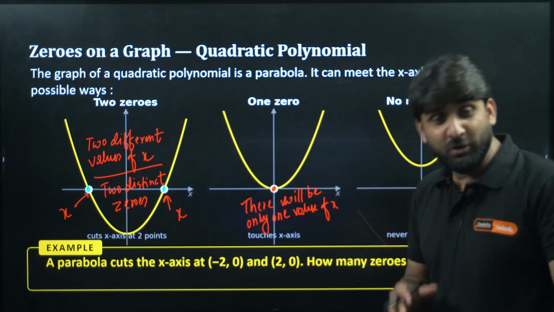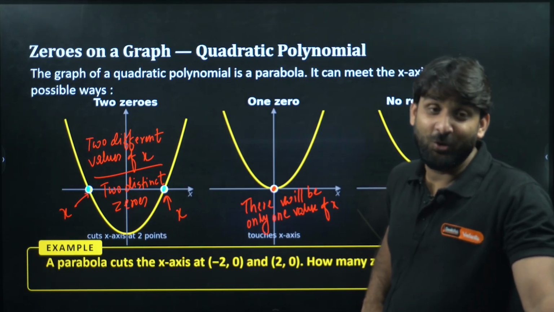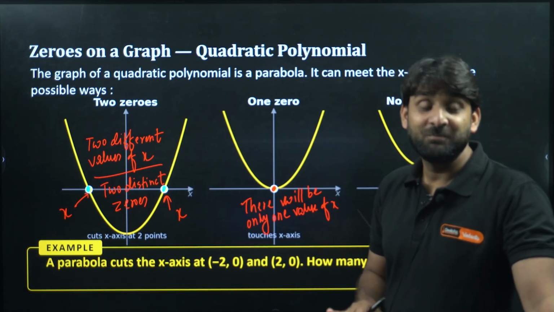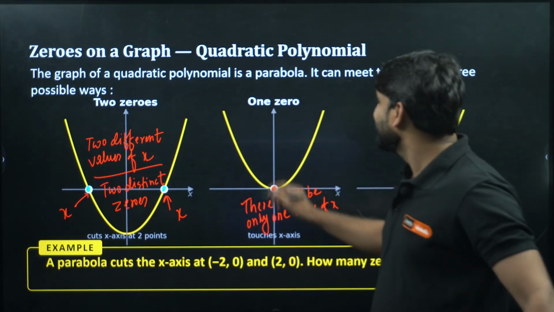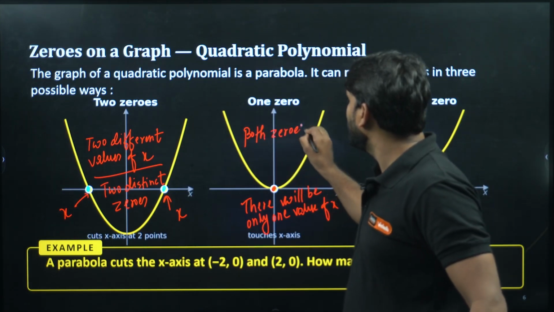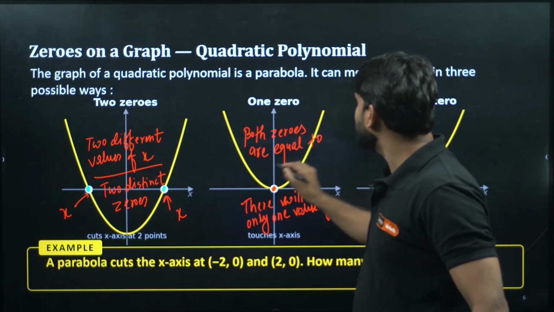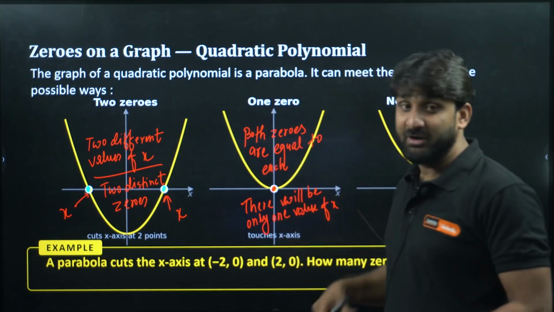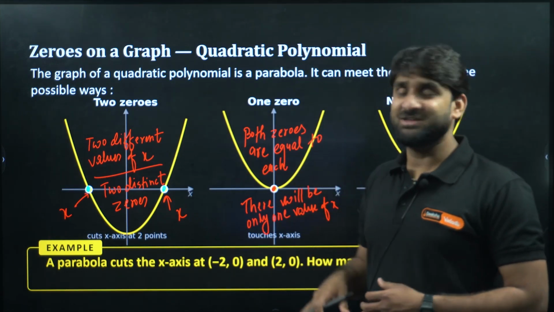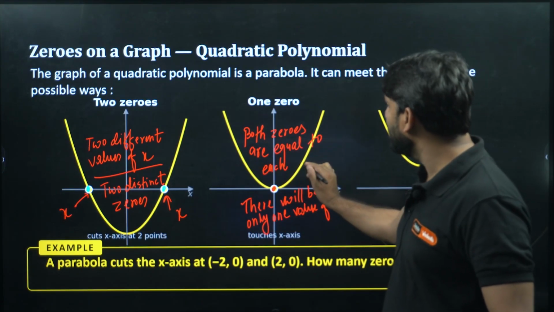If there is only one value of x, it doesn't mean the quadratic polynomial will have only one root. No, still the quadratic polynomial will have two roots, but both the roots will be equal to each other. So this condition indicates that both zeros are equal to each other. You will understand this concept in depth in the separate chapter, quadratic equations. Don't worry, we'll discuss there how to find the nature of roots by calculating the discriminant value.